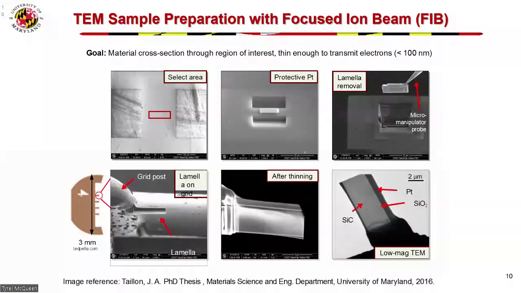So here you define your area, then you basically draw a square with the computer, and it mills out this area, and you keep going closer and closer to the center of the area that you're interested in, and eventually you make something that's called a U-cut by milling at an angle. You basically mill through this area. Once it's thinner, I guess there's one step that is missing between these two.